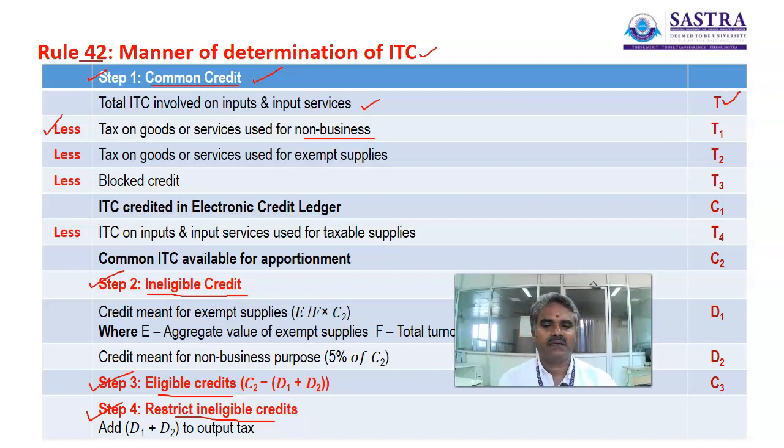Later on, you have to classify your turnover: this is for business, that is for non-business, that is for exempt, that is for block. Likewise, you have to divide, after completing the process of payment of input tax.